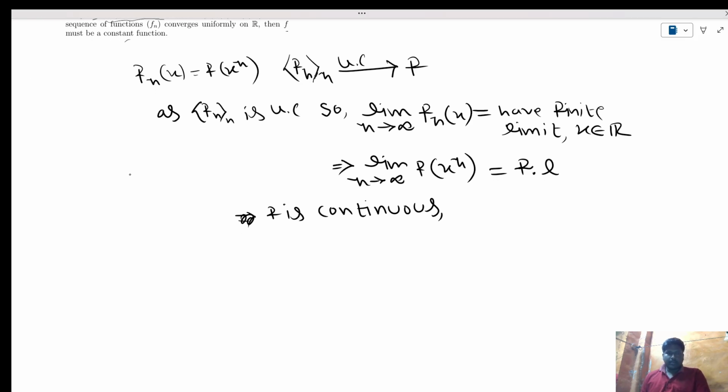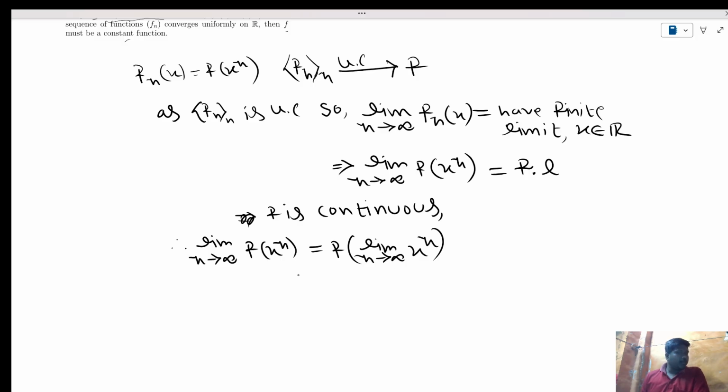Given that f is continuous, therefore the limit as n tends to infinity of f(x^n) can be written as f of the limit as n tends to infinity of x^n, because this is the basic criterion of a continuous function. As f is continuous, the limit can carry forward directly to x to the power n, meaning the outside limit comes inside. This is because f is continuous.